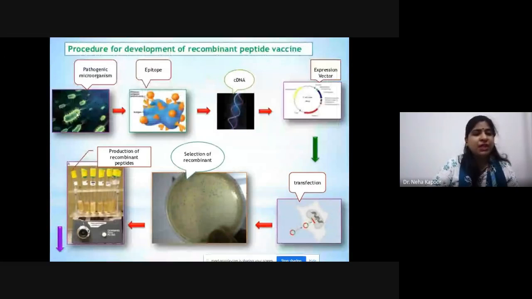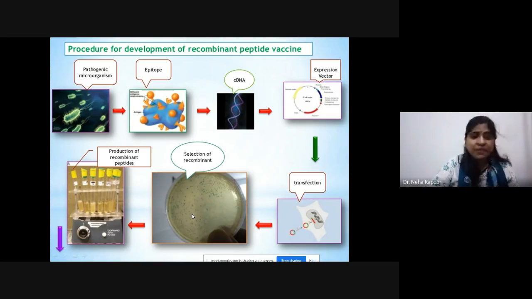Suppose this is the pathogenic microorganism, and onto its surface certain epitopes would be present. That means antigenic determinants. These would be converted into cDNA. Then the cDNA would be inserted inside the expression vector. The gene of this antigenic determinant present in this expression vector would be transfected inside the bacterial cell.